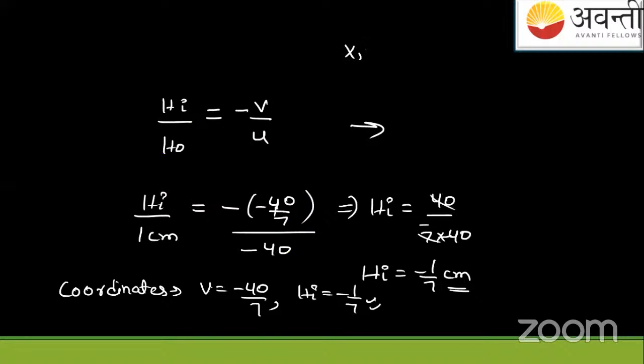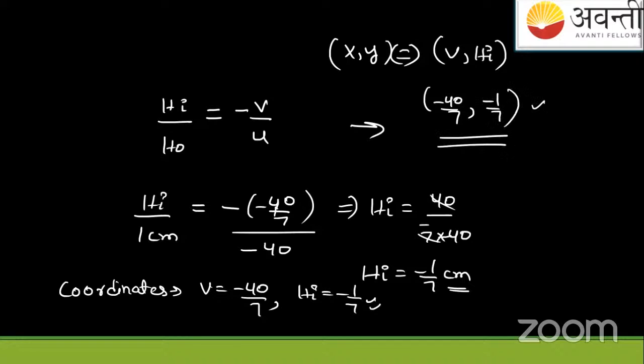So X, Y resembles v and the height of the image. This is the right answer. So how many students got this answer right? You can text in the chat box.